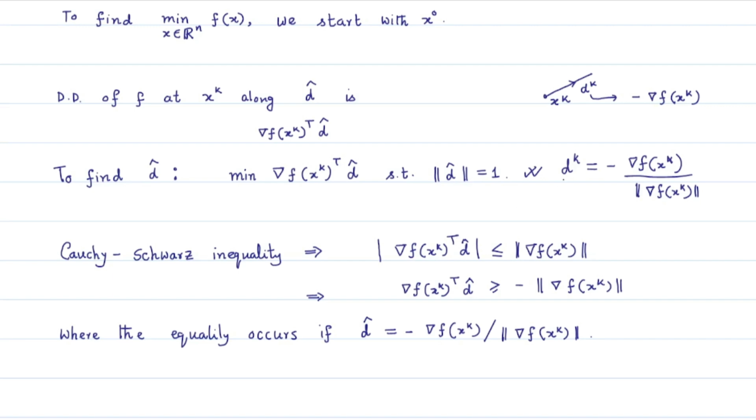And once the direction of most rapid decrease or steepest descent is identified, we take a step length of amount, say alpha k, along the direction dk and we proceed to the next point given by xk plus 1 is equal to xk plus alpha k dk.